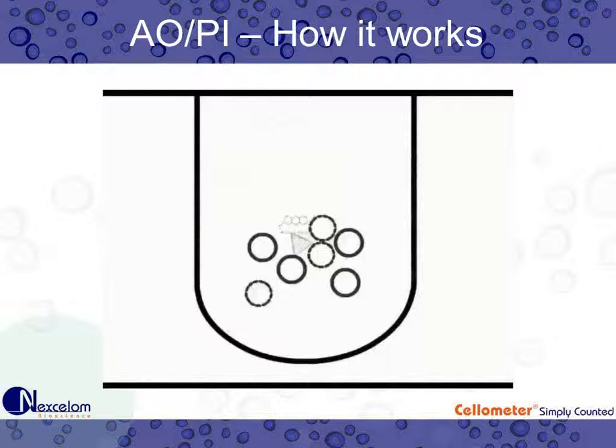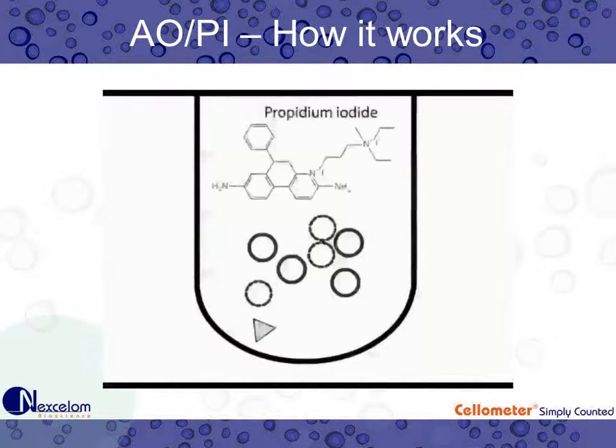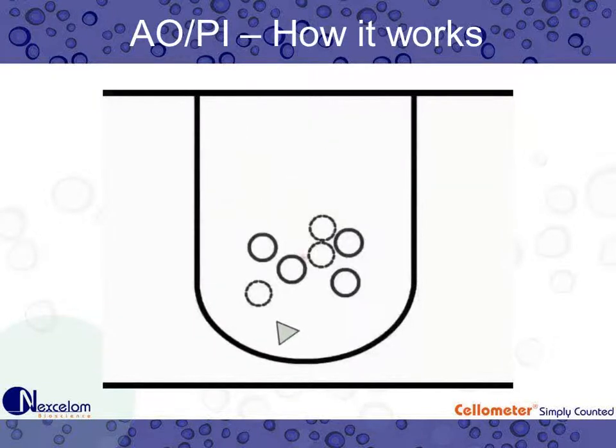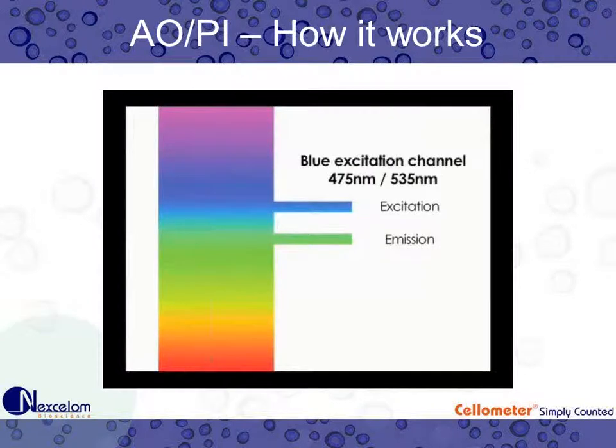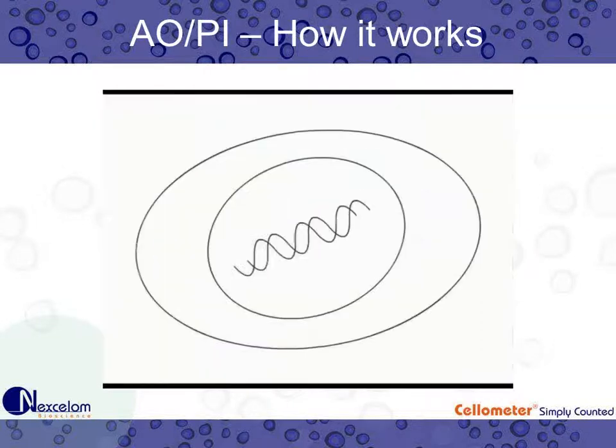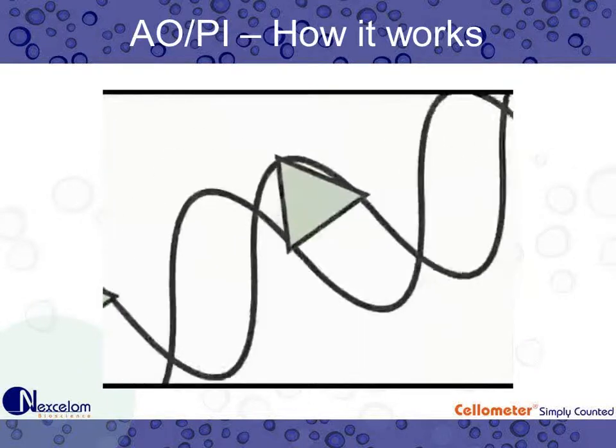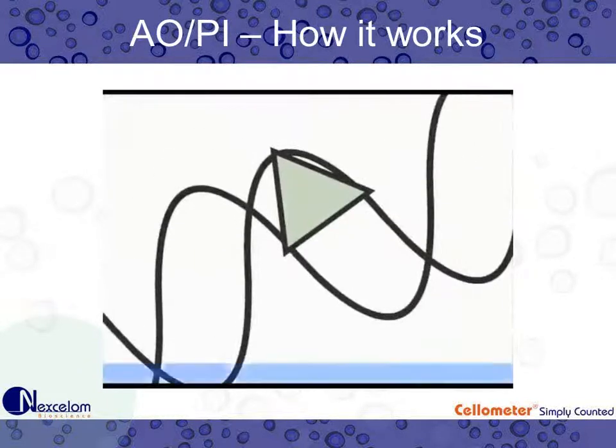Cells are mixed with both acridine orange and propidium iodide. Channel 1 of the Cellometer is configured with an optical module with blue excitation and green emission. For a live cell, AO enters the cell membrane and binds to its DNA.